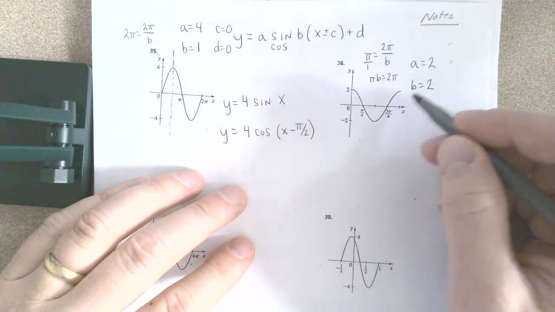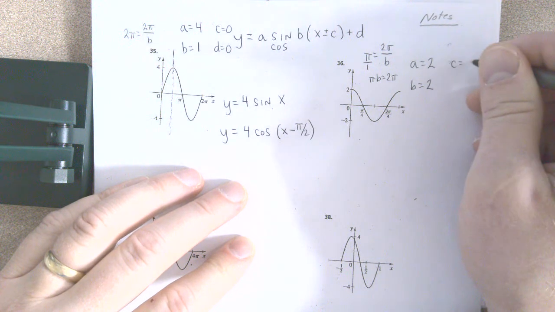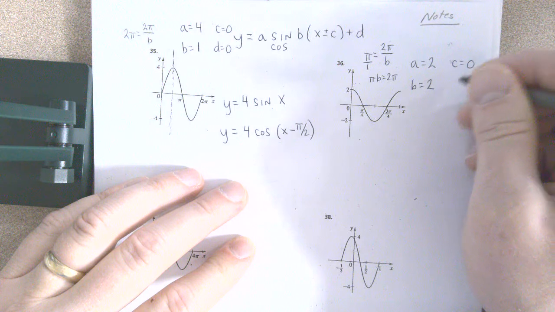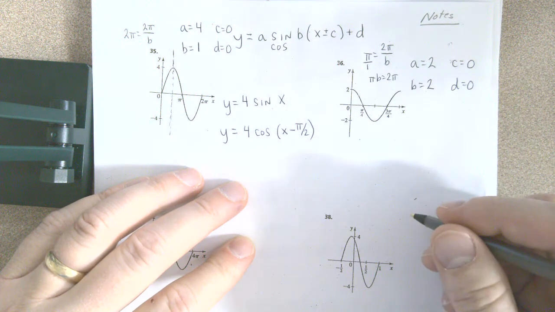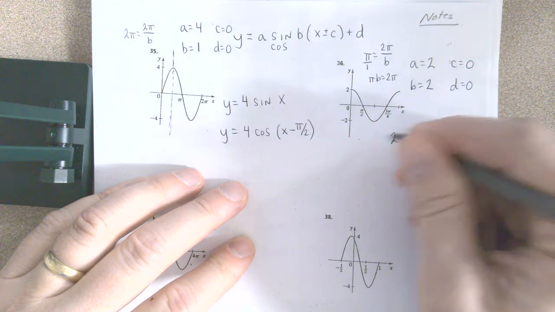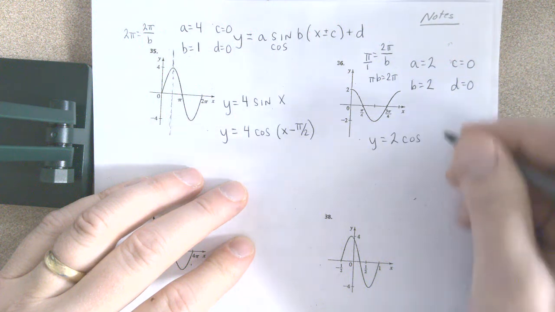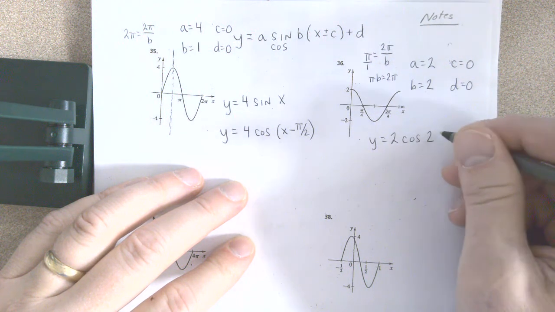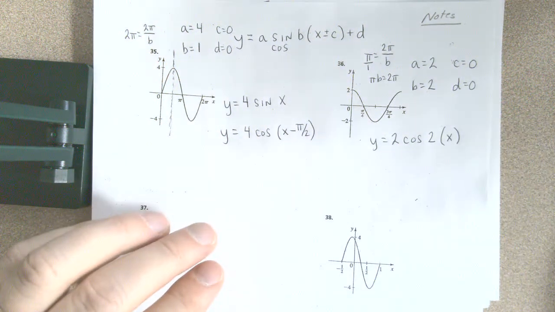Again, if I start with the cosine curve, my c value is 0 and my d value is 0. So I'm going to say here y is equal to 2 cosine.